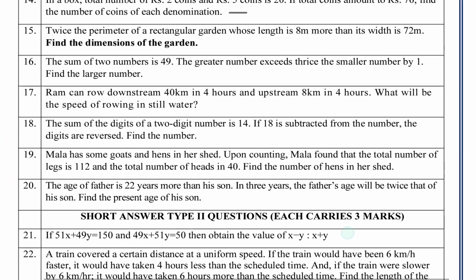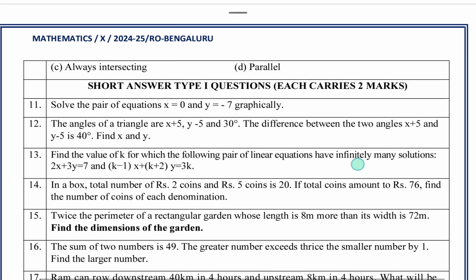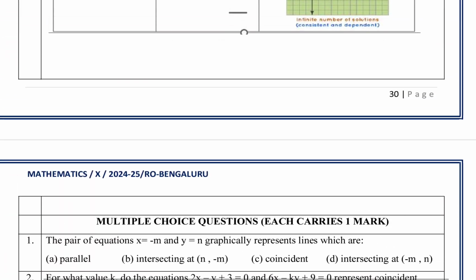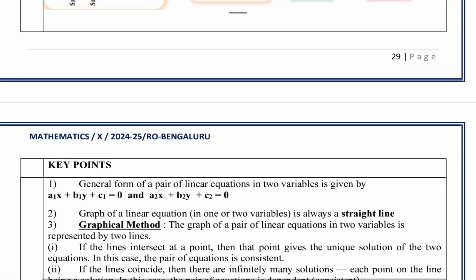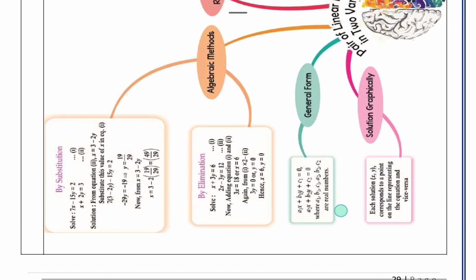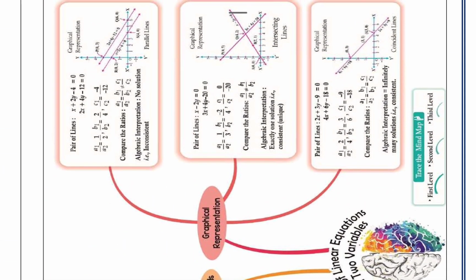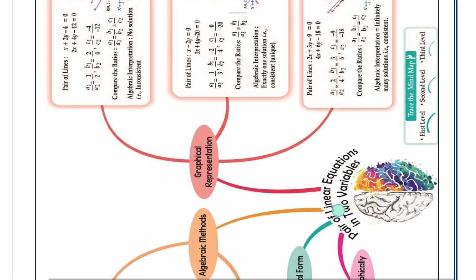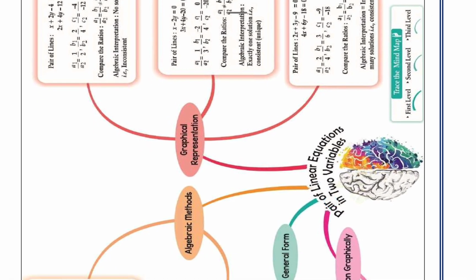Choose the correct answer, 2 marks questions, 3 marks questions, 5 marks questions, case study based, and reasoning and assertion questions we have studied. Further any doubt you can study yourself or ask your teachers to get the solution. Okay, in this section we studied pair of linear equations in two variables.